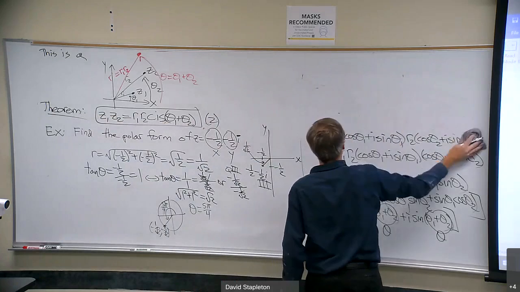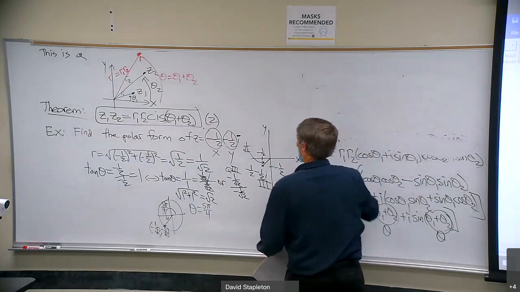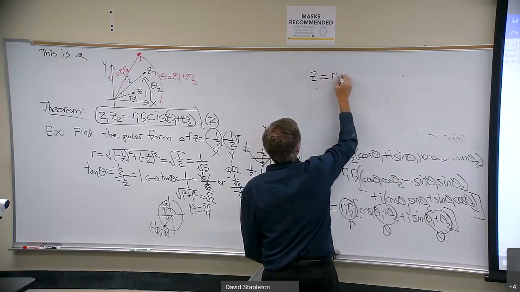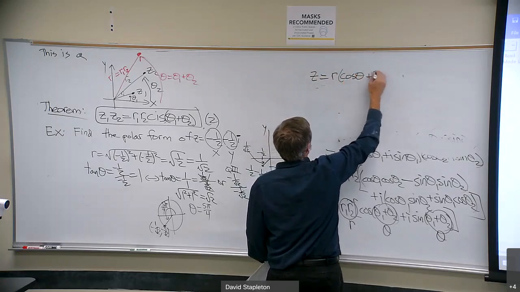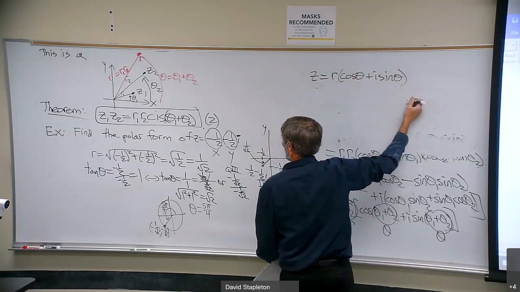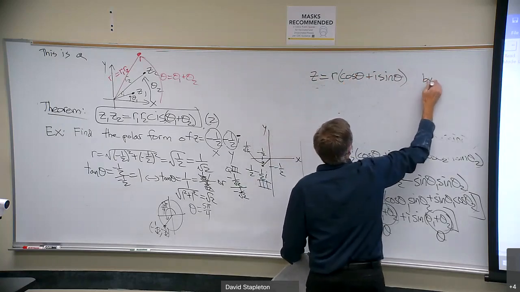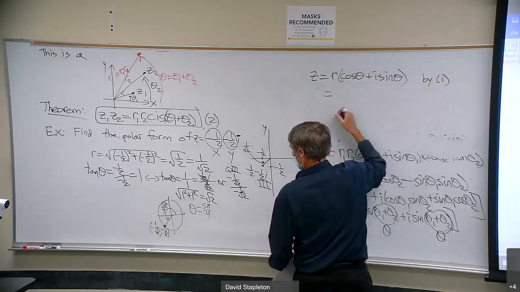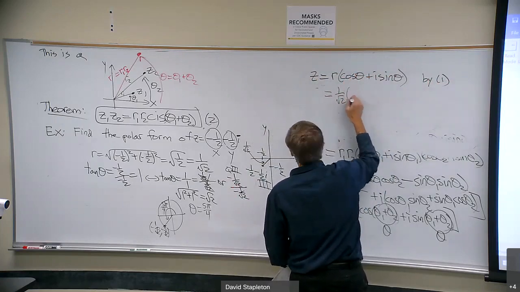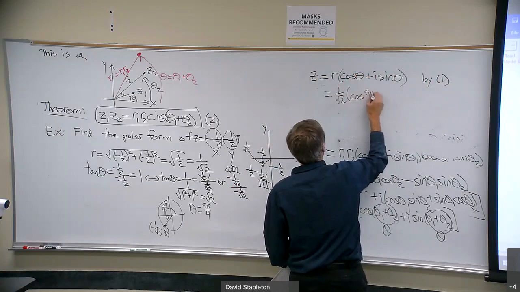And we find, therefore, that the polar form is z equals r cosine theta plus i sine theta, by equation 2, by 1. Well, r was equal to 1 over square root 2, and theta was 5 pi over 4.